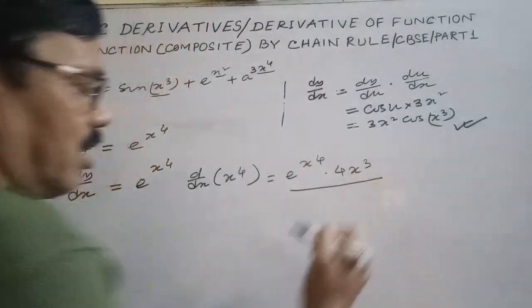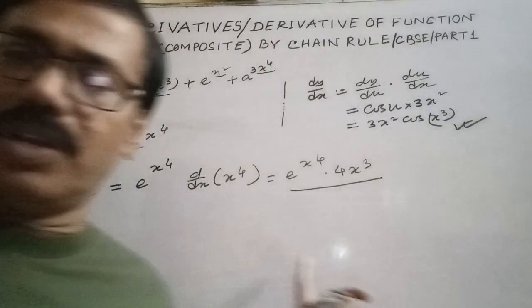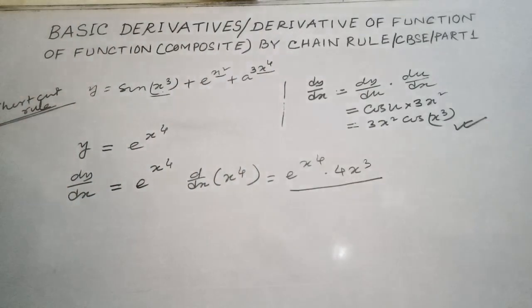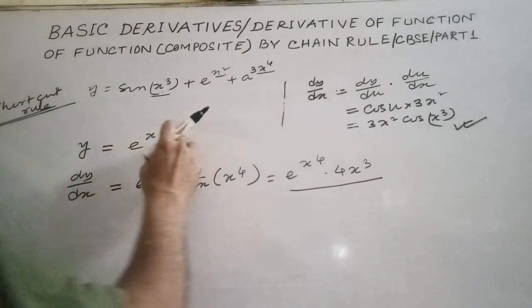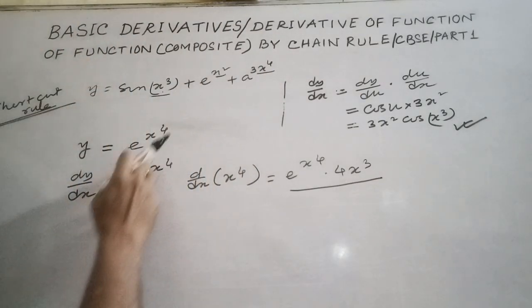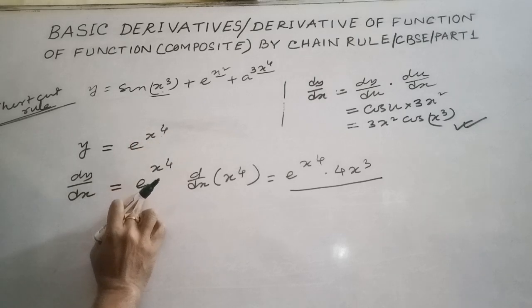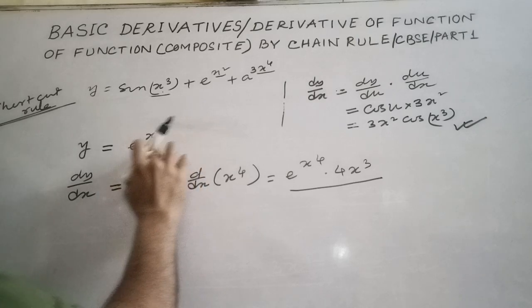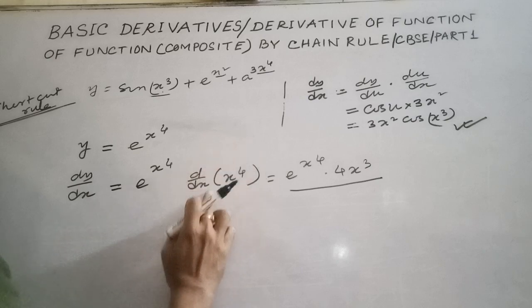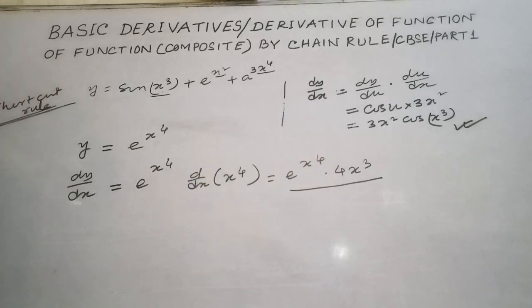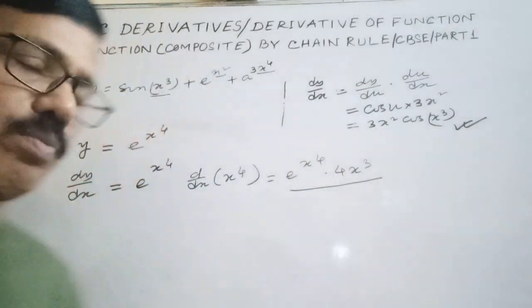You can write it directly. Later we write the result directly. So the main function is e to the power x. The derivative of e to the power x is e to the power x. Now x is replaced by x to the power 4. So d dx of x to the power 4 is 4x cube.